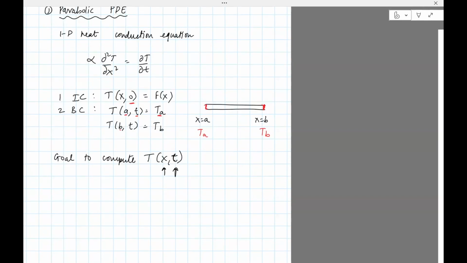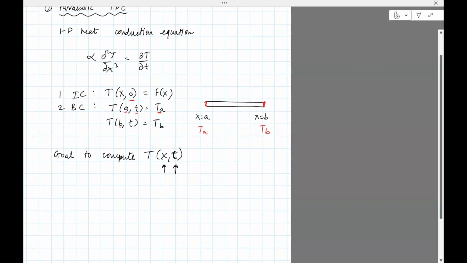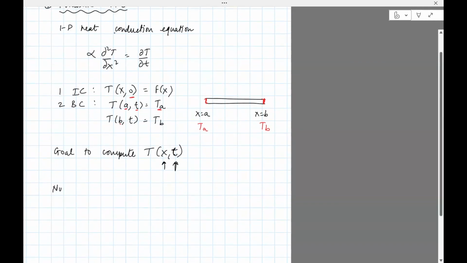Well, what we do is we just use finite difference. So here's the numerical solution. Now, unlike ODEs, this is really hard because it's very hard to guess initial conditions.